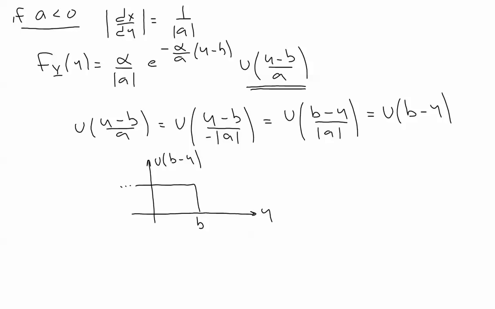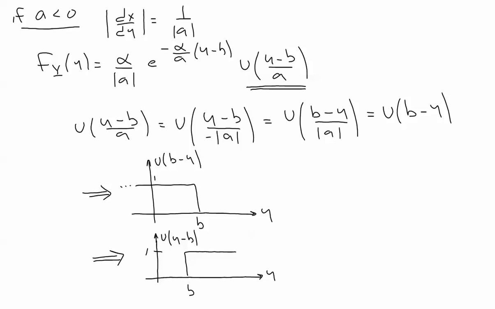That's what my step function u of b minus y looks like. If u of y minus b turns on at b, u of b minus y turns off at b. Okay?